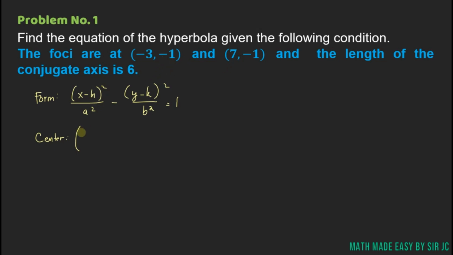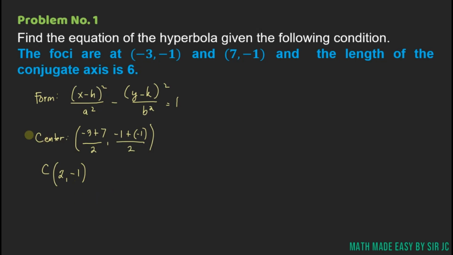So we have (-3 + 7) divided by 2 and (-1 + -1) divided by 2. Therefore, the center is located at: -3 plus 7 is 4, divided by 2 is 2, and -1 plus -1 is -2, divided by 2 is -1. So as you can see, the y coordinate does not change.